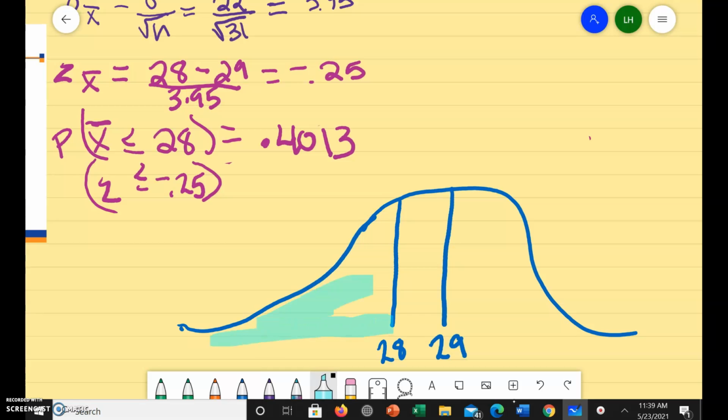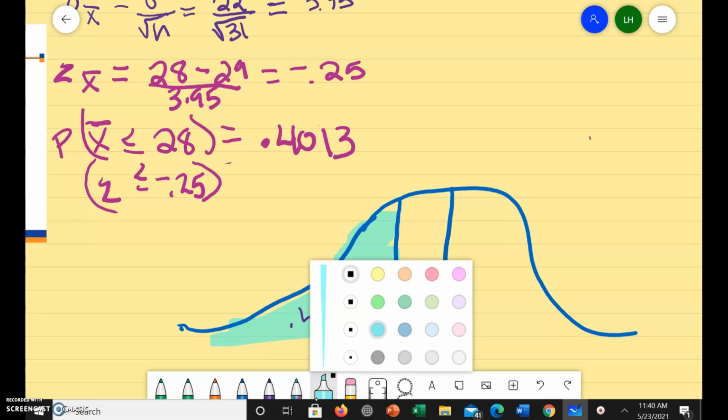It gave us the probability that x bar, the sample mean, is less than or equal to 28. So when we looked that up, we got 0.4013. But I actually want the other side, the greater than side.